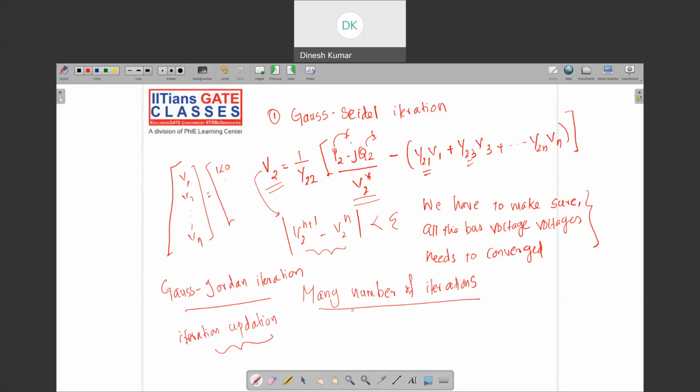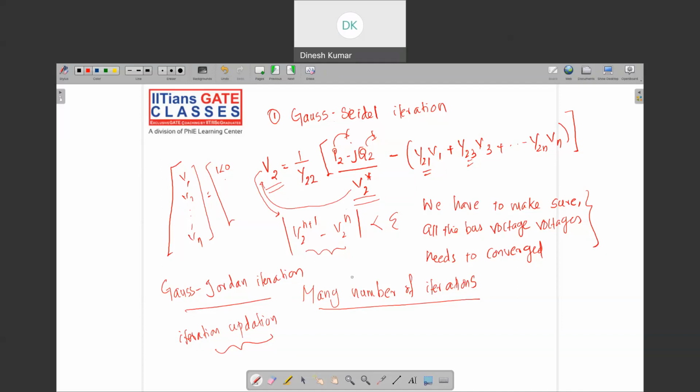For finding V3, if we use the value of the voltage that we just got for V2, that goes to Gauss-Seidel, and if you use the previous value of V2 itself, that goes to Gauss-Jordan iteration. Both are very similar.